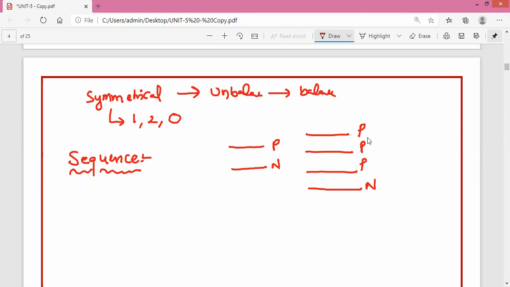If you are dealing with more number of phases, like 6 phase, 12 phase, then it is necessary to follow the sequence, and also you have to represent each particular phase with respect to a particular sequence. So when you are dealing with more number of phases, the phase sequence is a must to represent the phases.